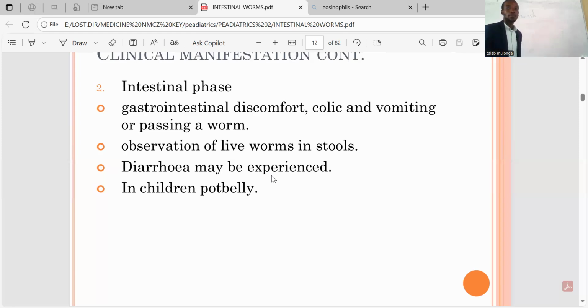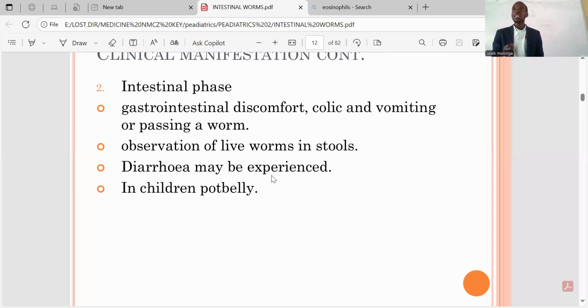Number one, gastrointestinal discomfort. Gastrointestinal discomfort due to the presence of the worms in the intestines.